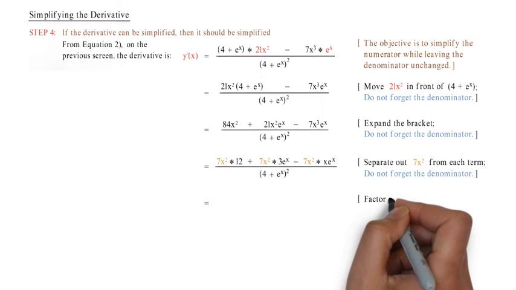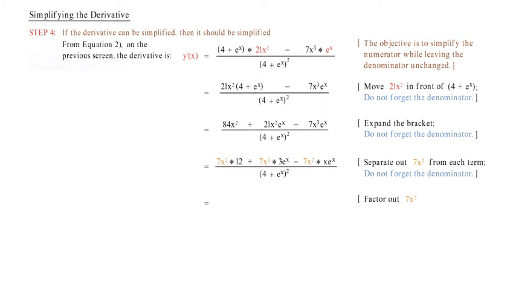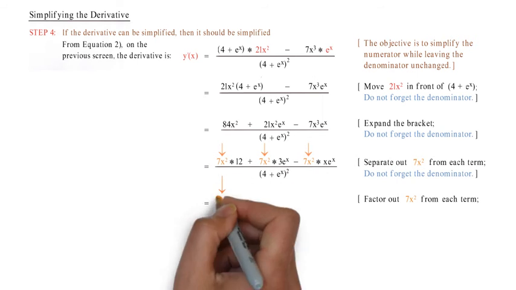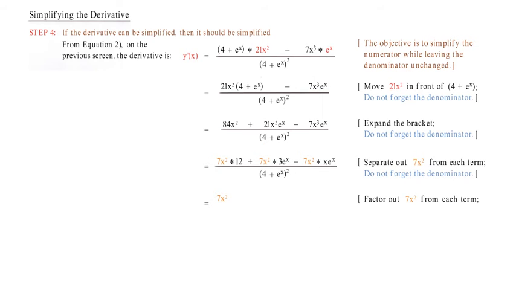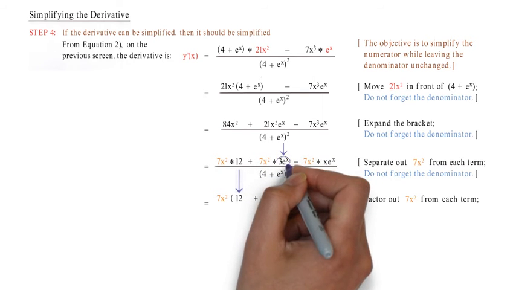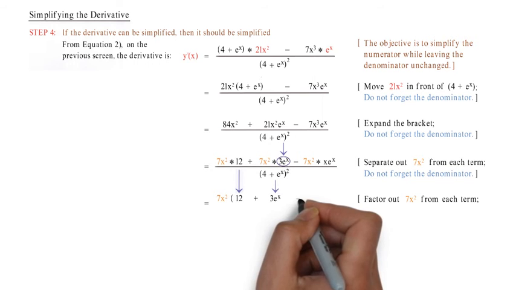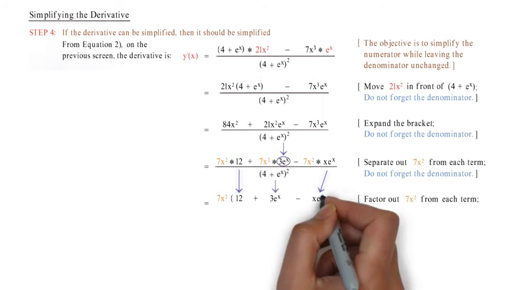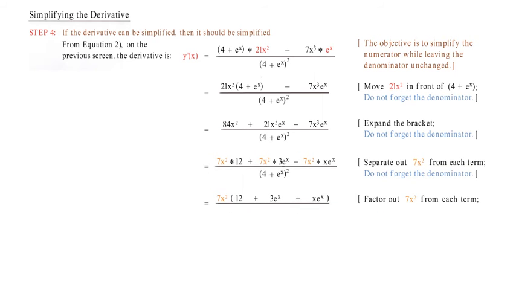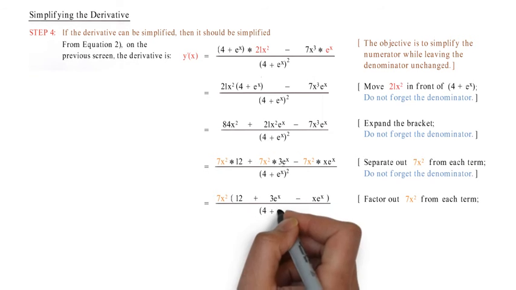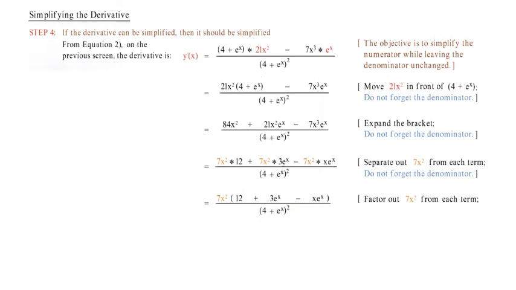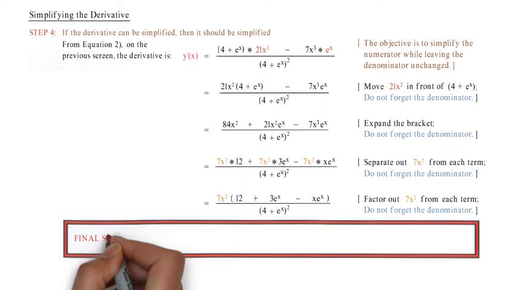Equals. Factor out 7x squared from each term, giving 7x squared times 12 plus 3e to the x minus x e to the x, divided by 4 plus e to the x all squared. Do not forget the denominator. Final statement.